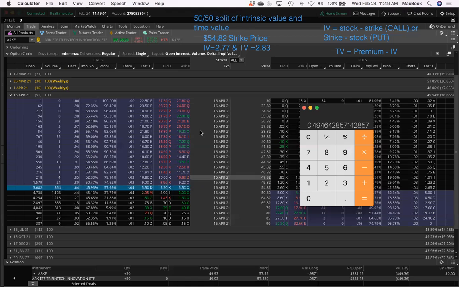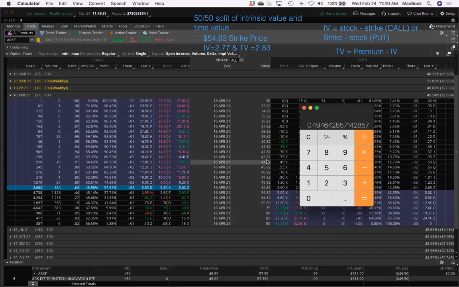But by the time this expiration comes, the stock is still at $57 and 80-something cents or whatnot. You still have about $2.77 of value that's baked in to the price, meaning that is at least what that contract is worth, because that's the value between the stock price and the strike. And you're in the money in that case as well.